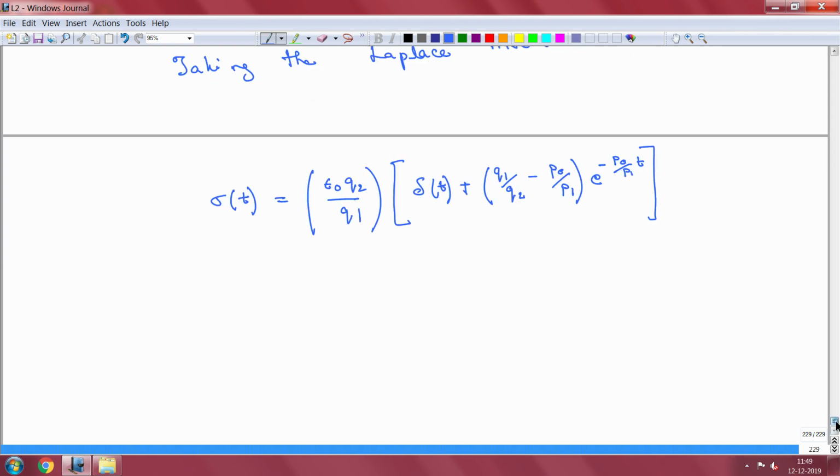Okay. So, from here to go to g t is just one more step. I just divide this sigma t by epsilon naught to arrive at that, that is my g t function, and that can be written as q 2 by q 1 delta function plus this entire thing remains the same.